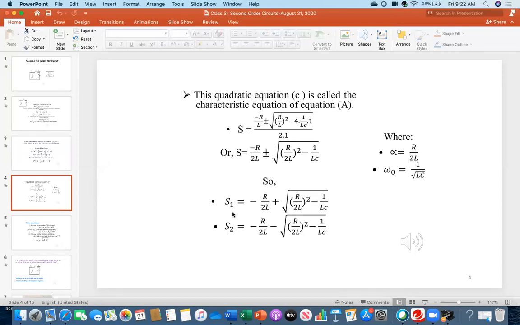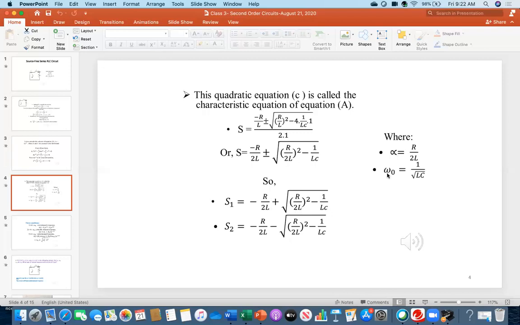You remember in case of the parallel circuit, we also derived similar two expressions for s1 and s2. Those were probably 1 over 2RC, probably it was like that. But in this case, it is R over 2L.